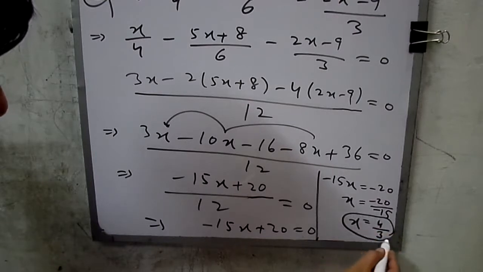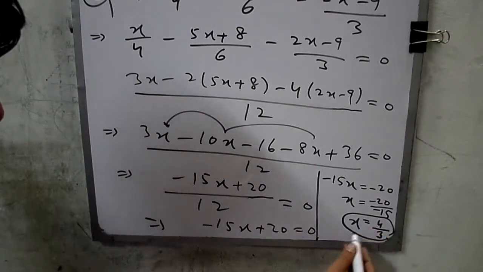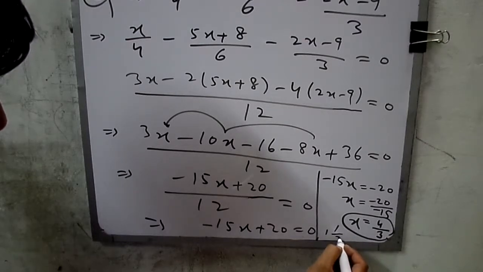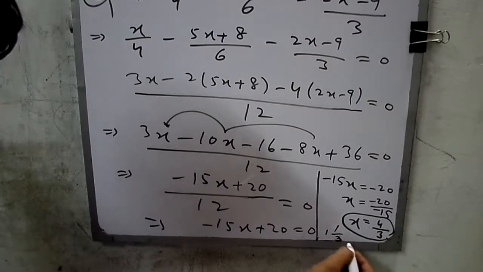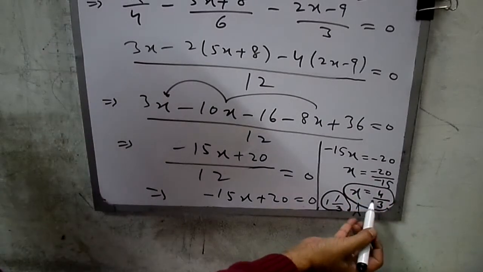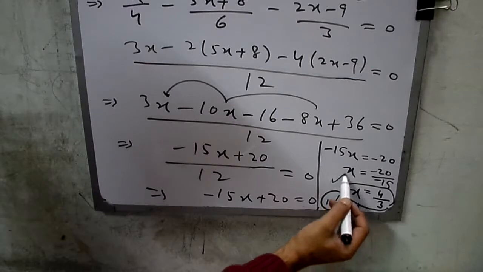So after simplification the value of x is 4 by 3, or you can divide 4 by 3, you will get the value of x is 1 whole 1 by 3. If you divide it, you will get 1 whole 1 by 3. So that is your also a required result. So that is your answer. You can see here, so divide 4 by 3, so we'll get 1 whole 1 by 3. So that is your answer on this one.